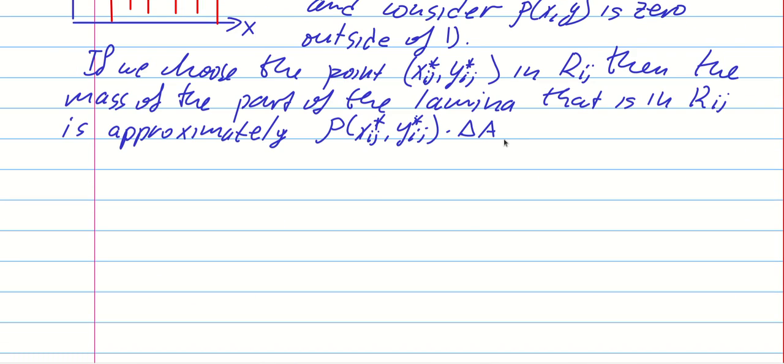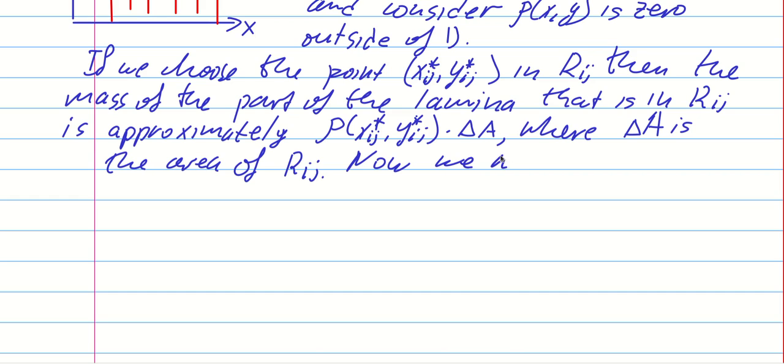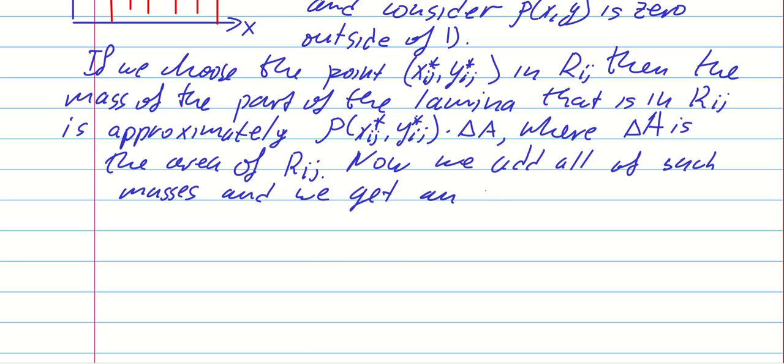Where delta A is the area of R sub i j. Now we add all of such masses and we get an approximation for the total mass.